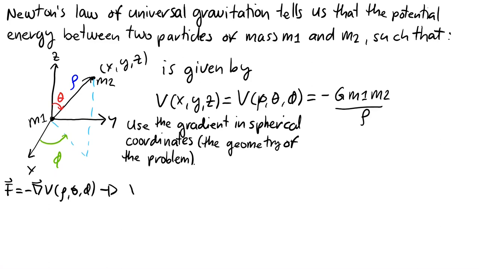The first step is to write out the gradient in spherical coordinates, as we have already seen. Then apply it to the potential energy function.